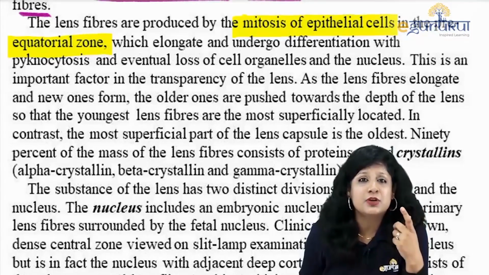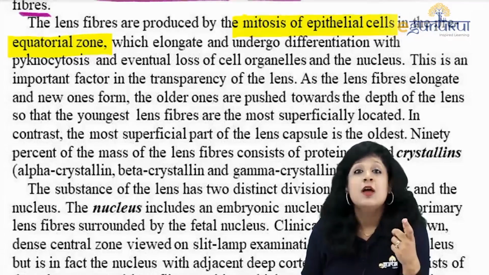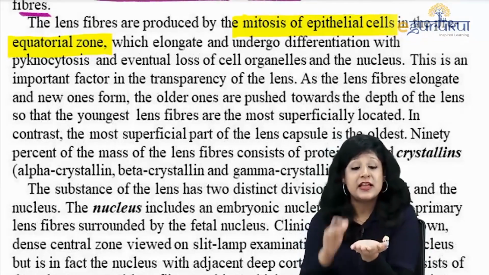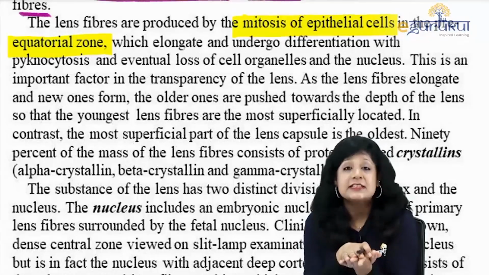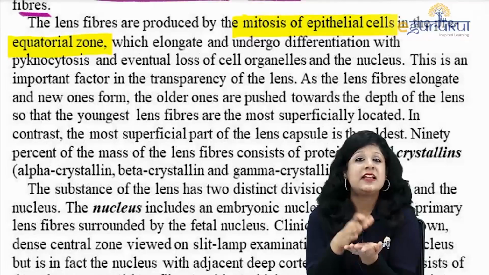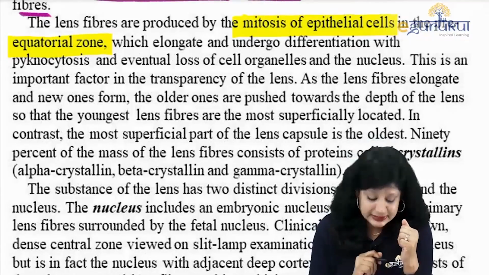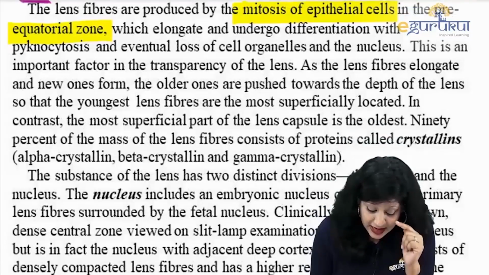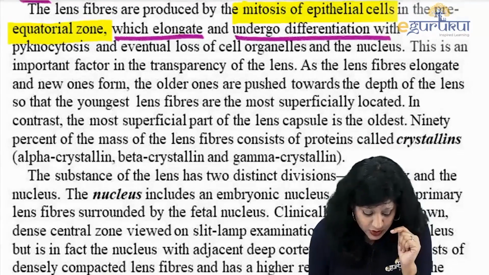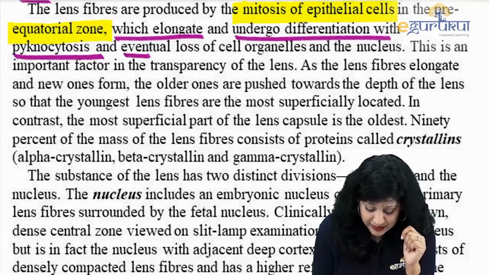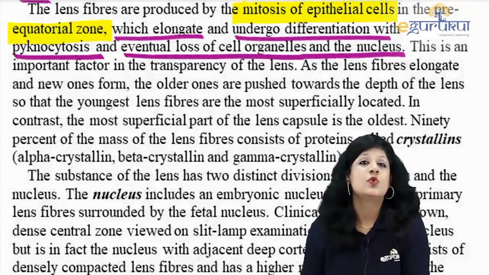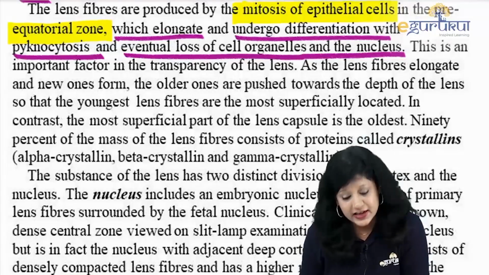And if you remember, that's why we do not have the posterior epithelium in postnatal life, because I told you that the posterior epithelial cells are used in filling or obliterating the lens cavity, and that is why we do not have the posterior epithelial cells, right? So see, they have clearly mentioned that they will elongate and undergo differentiation with pycnocytosis and eventual loss of cell organelles and the nucleus, and that is why we do not have the posterior epithelium in postnatal life.